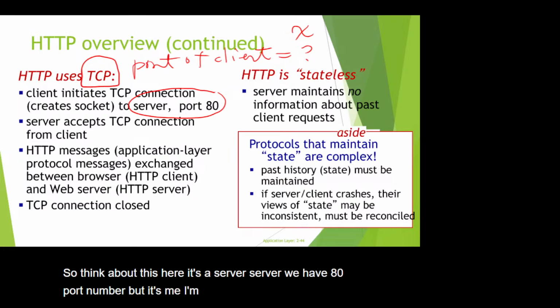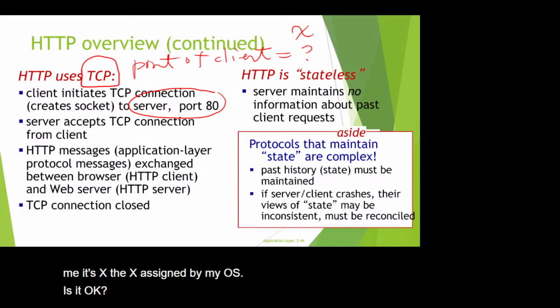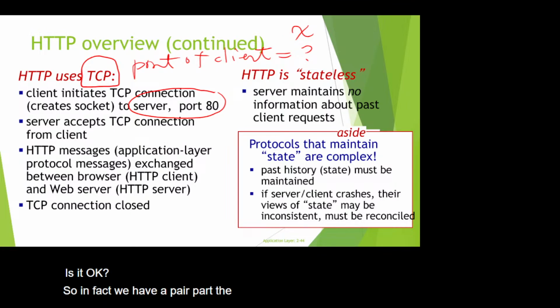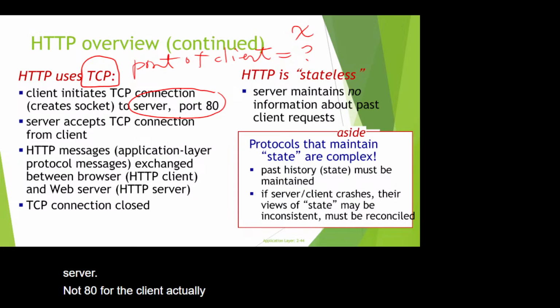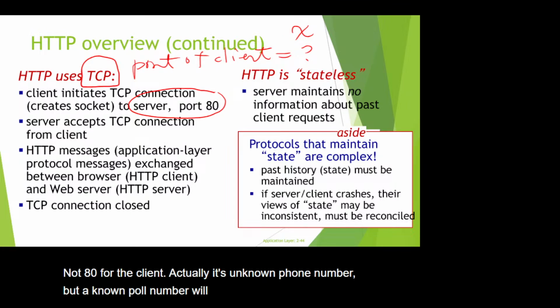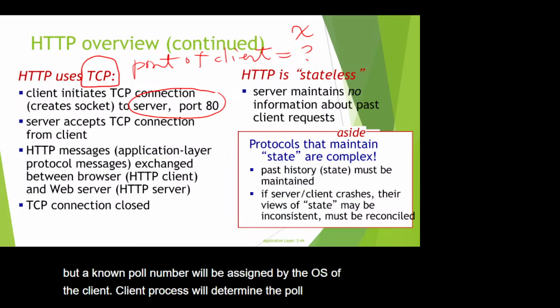The port number for me is X, assigned by my OS. Is it okay? So in fact, we have a pair, but 80 is for the server, not for the client. Actually, it's a known port number, but the unknown port number will be assigned by the OS of the client. The client process will determine the port number for the client.